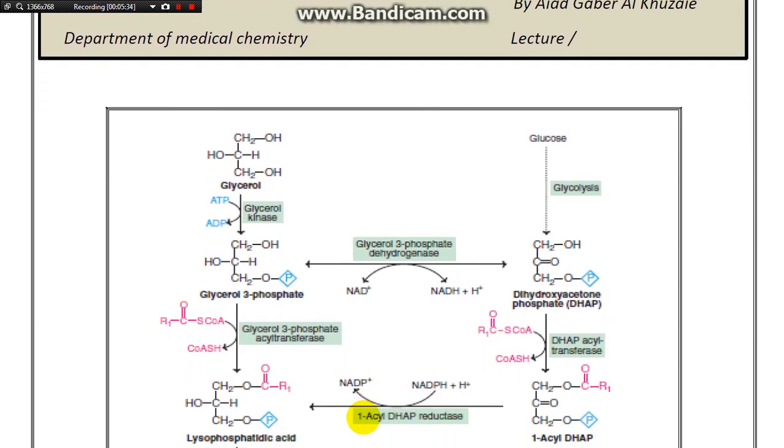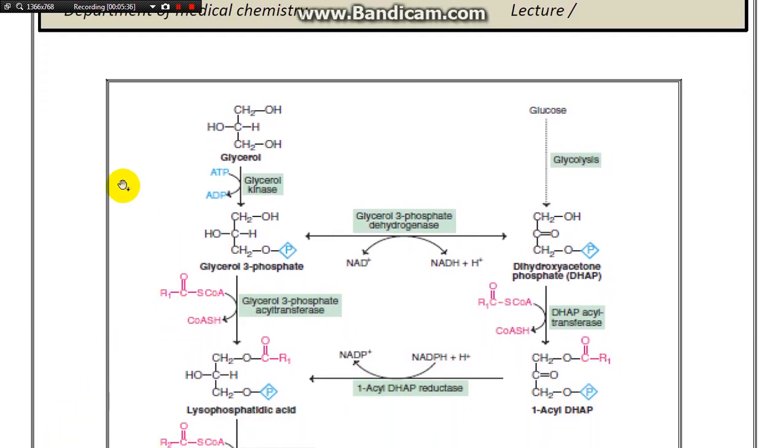This scheme shows the glycerol converted to glycerol 3-phosphate by the glycerol kinase with addition of ATP giving ADP.